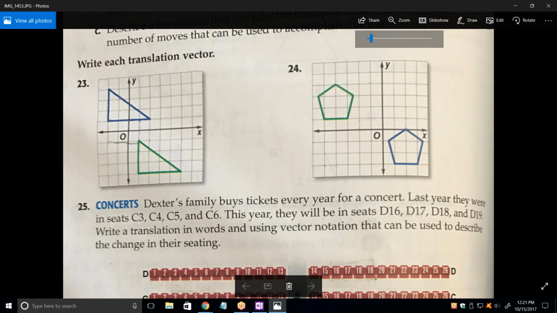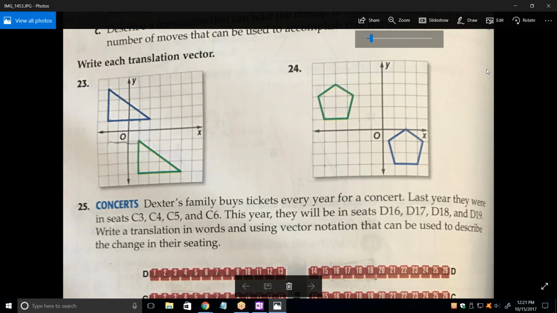What's it say at the top above 23? That's just for a different problem. Okay. Well, it doesn't really matter. We can pick a direction. Now, obviously, if we're going the other direction, the translation vector is going to be exactly the same, only with negative signs on it.